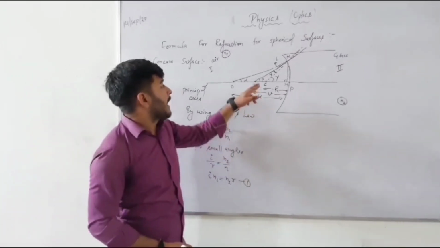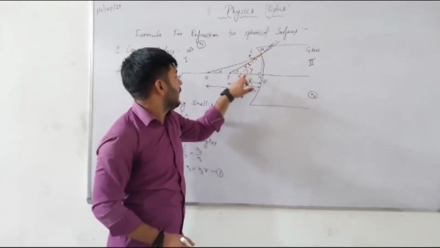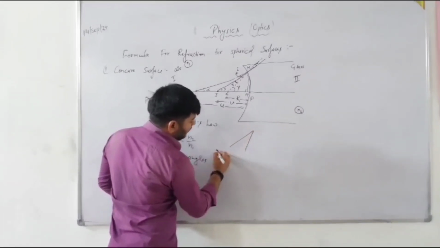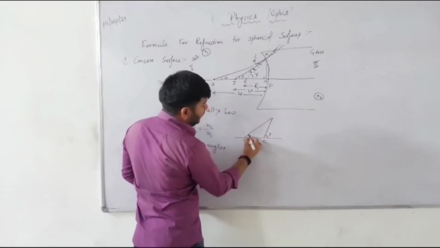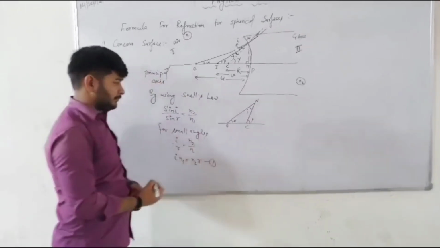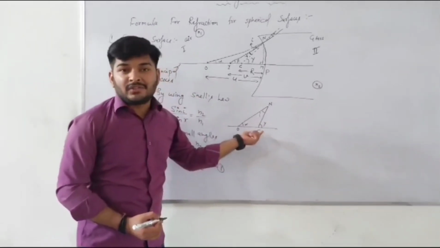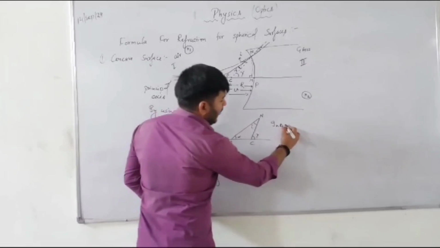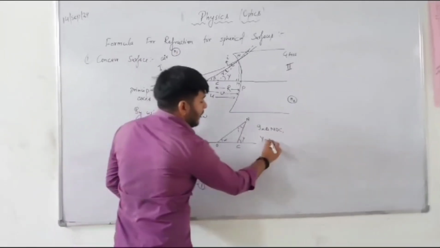Angle I is in triangle O, N, C. If we redraw the diagram, this is the principal axis, this is the point object, this is point C where angle gamma is present, here angle alpha is present, this is point N, and this is our angle I. In triangle NOC, gamma will be equal to I plus alpha.